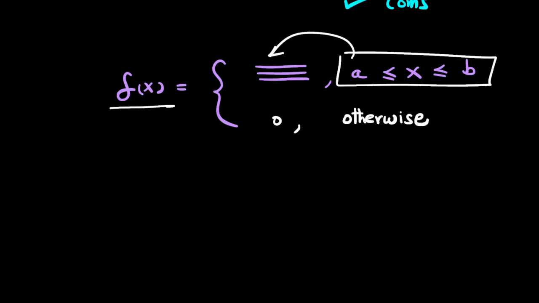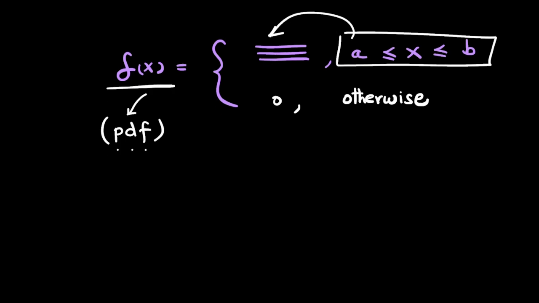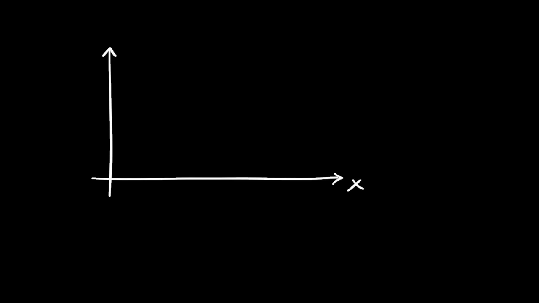Now, since this is a probability density function, in short, we call it PDF, probability distribution or probability density function. Now, let's draw a graph of this function. So, in general, I can say x goes on the horizontal axis and the function values go on the vertical axis, and there is a function over here.